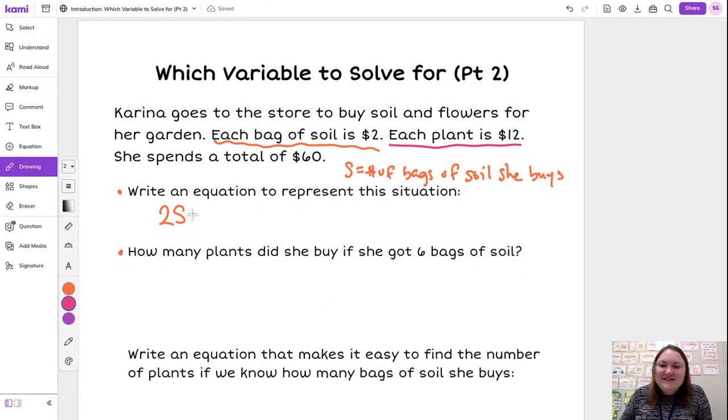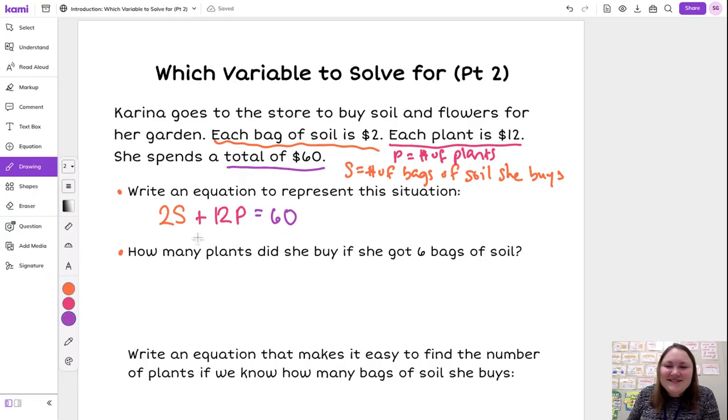So she is also spending $12 on each plant, and p could be the number of plants. And then altogether, we know she spends a total of $60, so I would say equals 60. Remember, for your equation, you can use any variables you want, but it should look something like this.